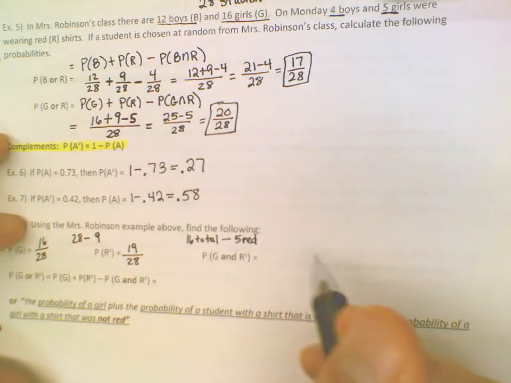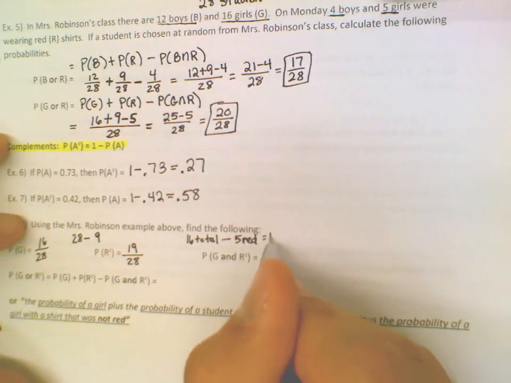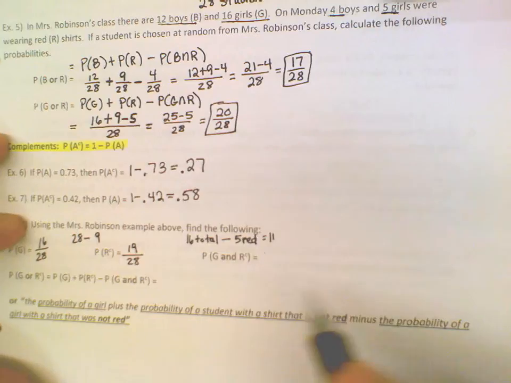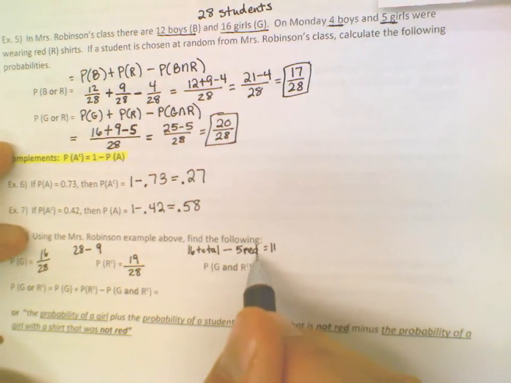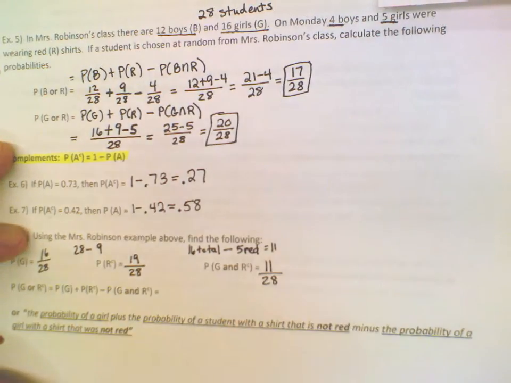So you subtract those and you get 11 were not wearing red shirts. So 16 total girls, but 5 of them were wearing red shirts, so 11 were not. So 11 out of 28.